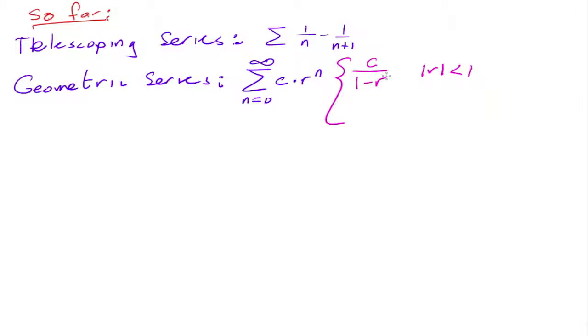It diverges if the absolute value of r is greater than or equal to 1. These two are a few of the ones where we can actually find the sum. Most of the time, all we'll be able to do is say whether it converges or diverges, and we won't be able to do much better than that.